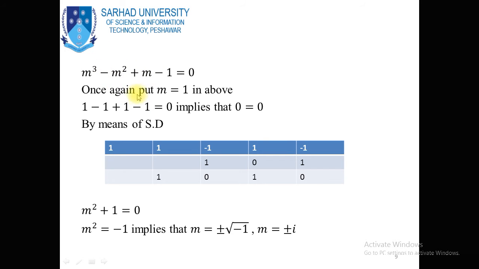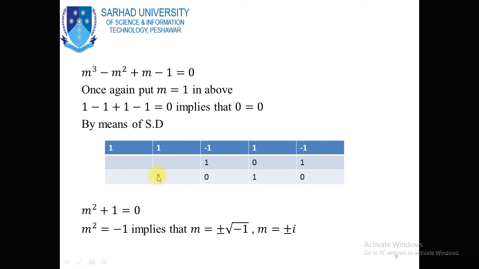But if we use synthetic division, we can easily use again the synthetic division. So since m is equal to 1 again is the root of this depressed equation, first of all put the coefficients. This is the coefficient of m cube, this is the coefficient of m square, this is the coefficient of m, and this is the constant. So put here the root.